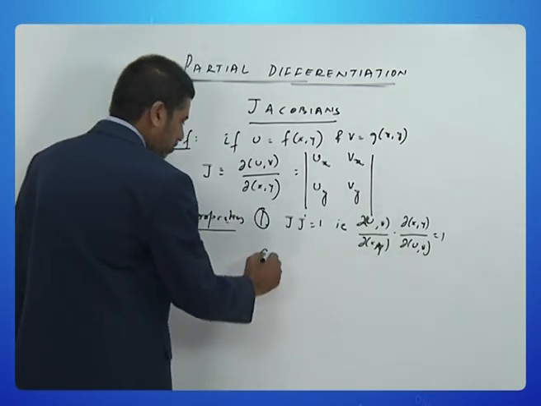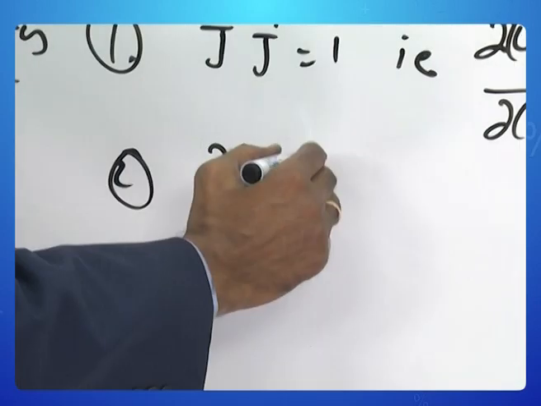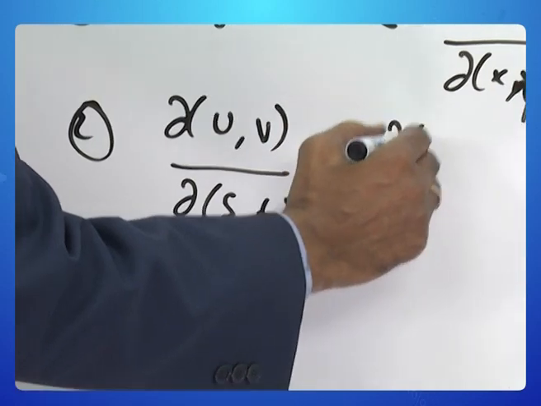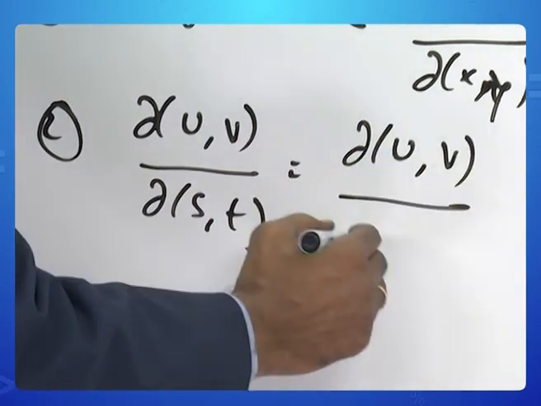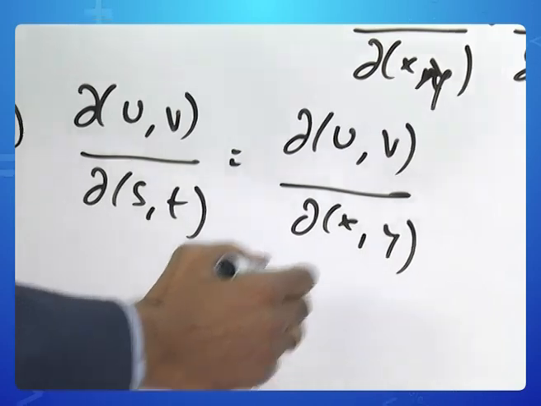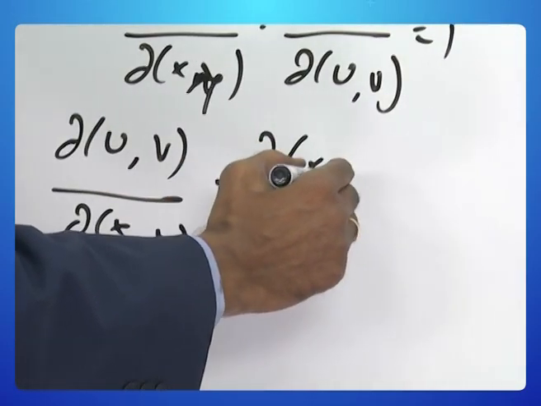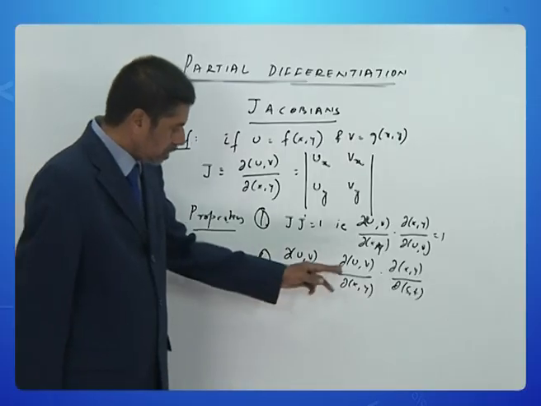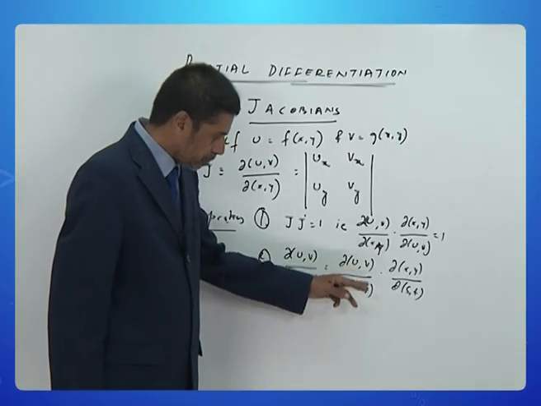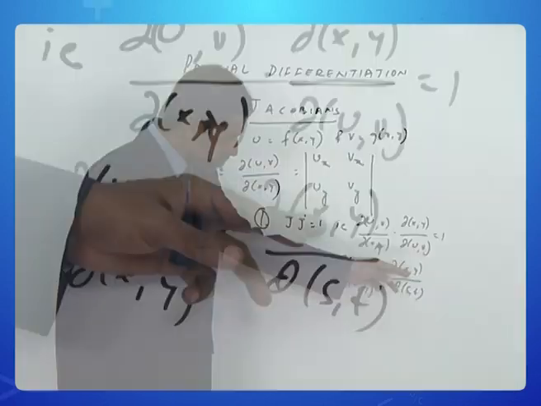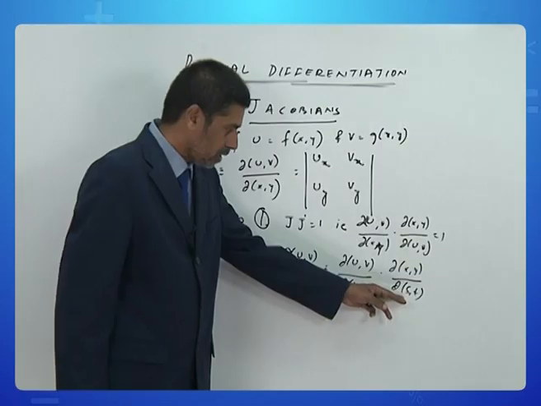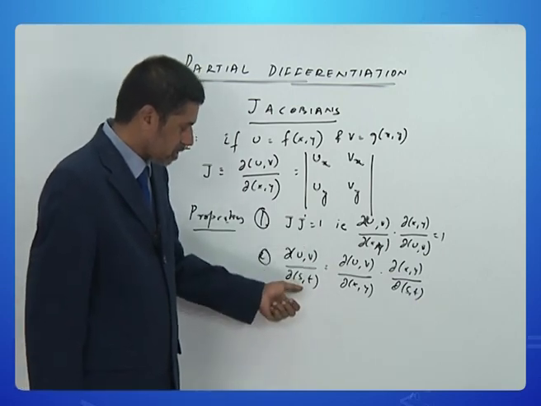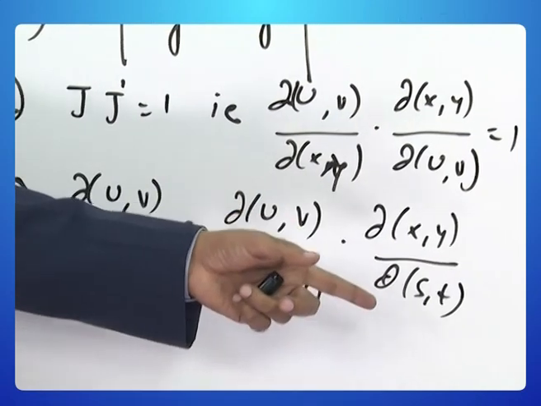The second one, dou uv by dou st, can be computed as dou uv by dou xy into dou xy by dou st. That is, if you are given a transformation pair between uv and xy and another transformation pair between xy and st, you can directly find out the Jacobian of uv with respect to st by a simple product of these two.